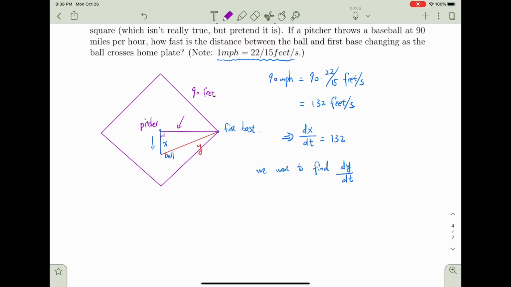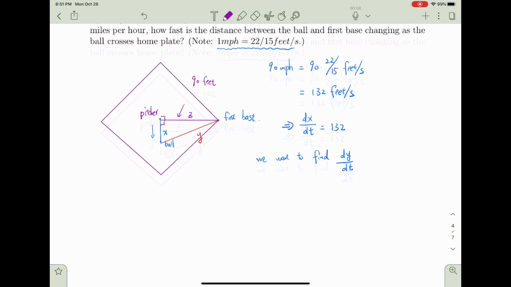Since we know that the side of the square is 90 feet, we can divide 90 feet by the square root of 2 to figure out the length of this side, because if you draw a line here, you will see that in this small right triangle, this angle is 45 degrees. So it's a special triangle.